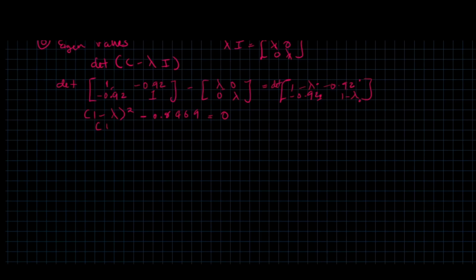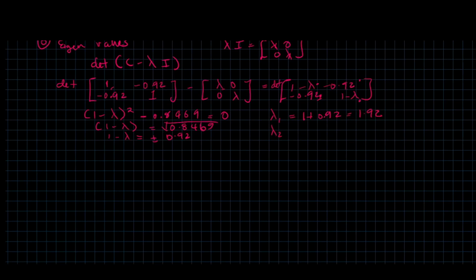So you can take this to the other side, 0.8469, and to cancel out the square, you can square root both sides. This will leave you with equals to plus or minus 0.92. Now the first lambda is equal to 1 plus 0.92, which is equal to 1.92.